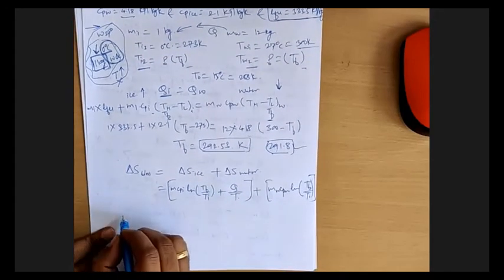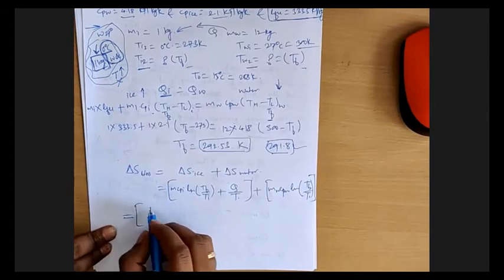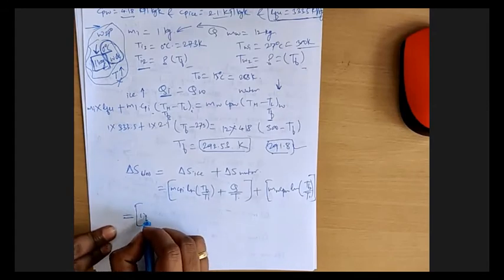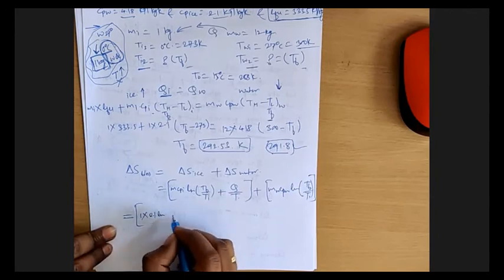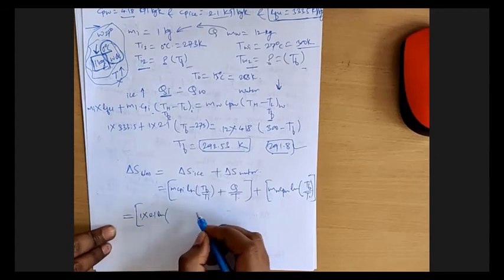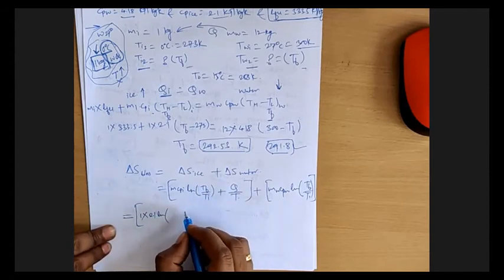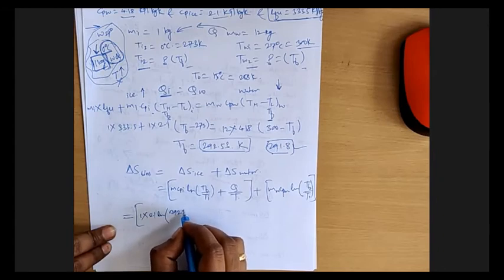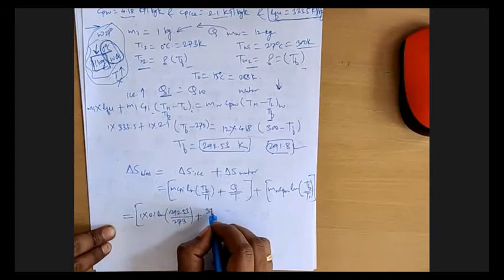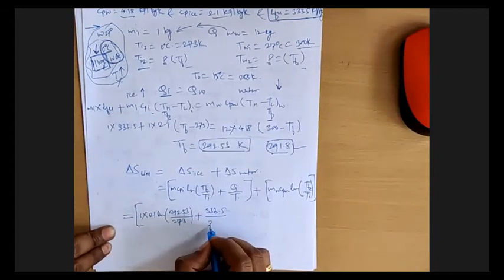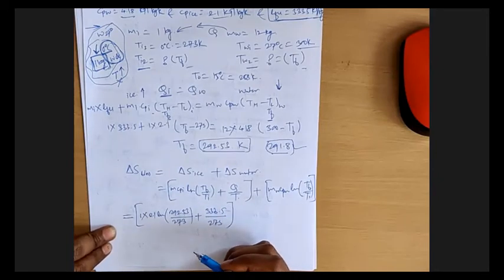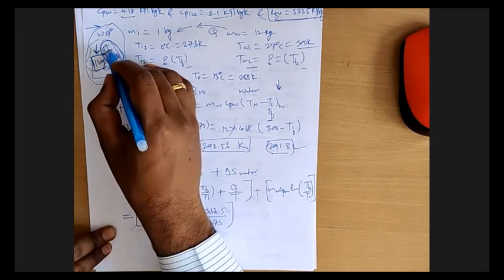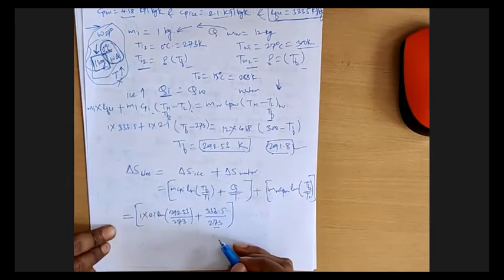Put the values, is equal to mass of ice 1, specific heat is 2.1, ln of T final by T initial, 292.53 divided by 273 plus 333.5 by 273, because that conversion of ice into water is at 0 degree Celsius, and 0 degree Celsius is nothing but 273 Kelvin.